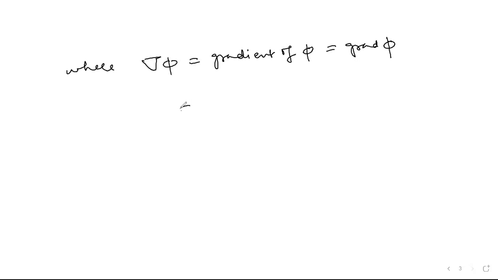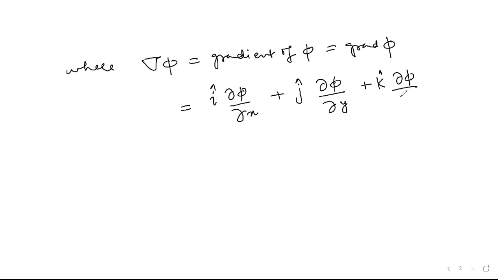And mathematically it is: i cap dou phi by dou x plus j cap dou phi by dou y plus k cap dou phi by dou z. So you can see this gradient of phi, or del phi, has three components. It is a vector-like thing. It has three components.